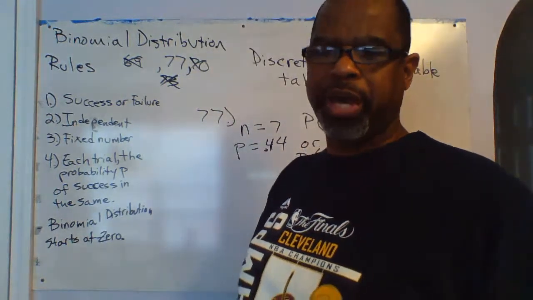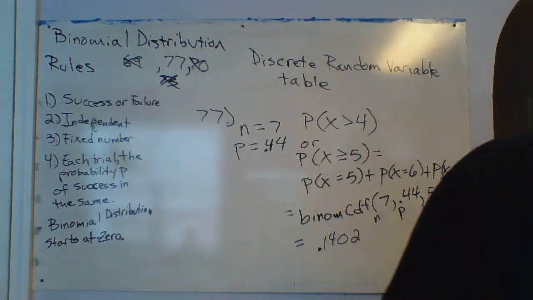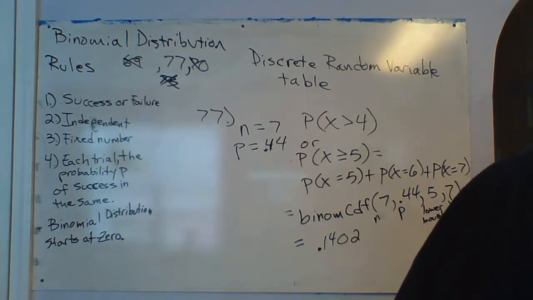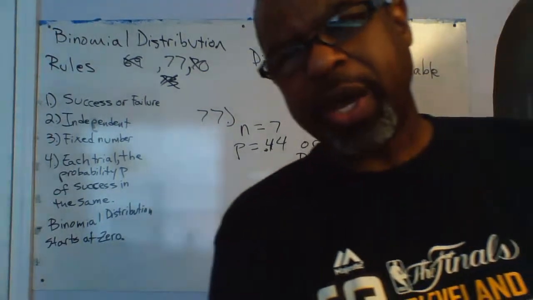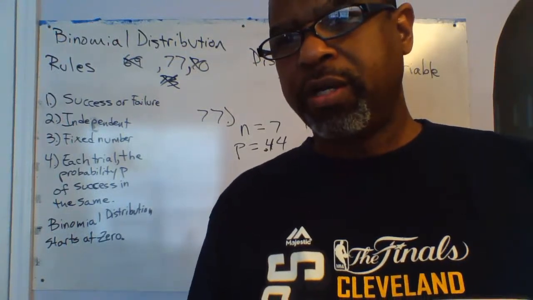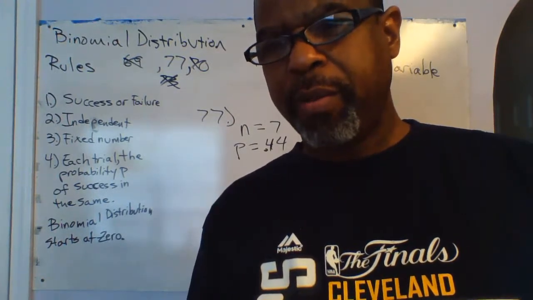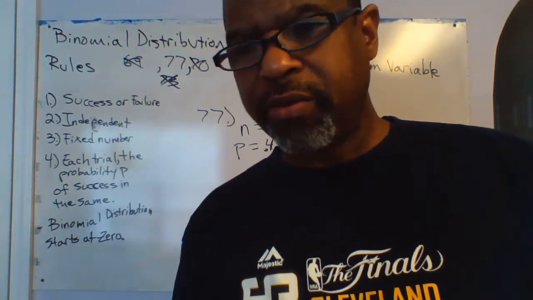Okay, so go to page, what was it, 389? If you go to page 389, if you have a TI-84, the instructions are on page 389. Remember, Jennifer showed you how to do it yesterday on the 84.